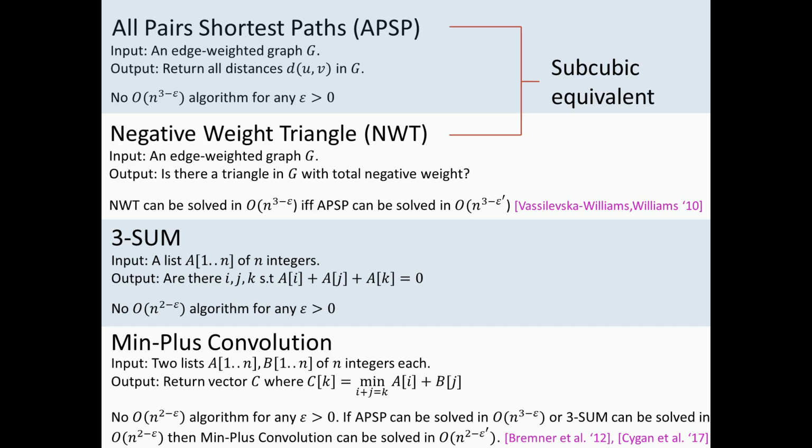There is no known subquadratic algorithm for the problem, and it is known that if all pair shortest path can be solved in subcubic time, or 3-sum can be solved in subquadratic time, then min-plus convolution can be solved in subquadratic time. So the hardness of min-plus convolution implies the hardness of all pair shortest path and the hardness of 3-sum.